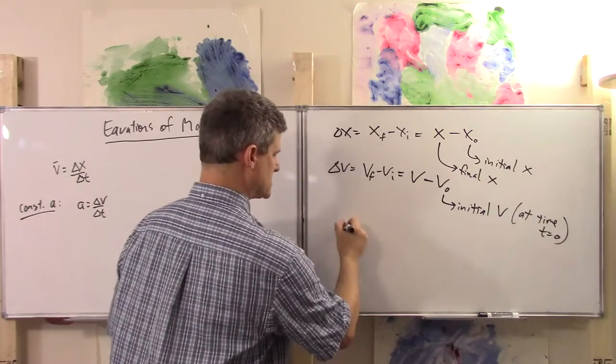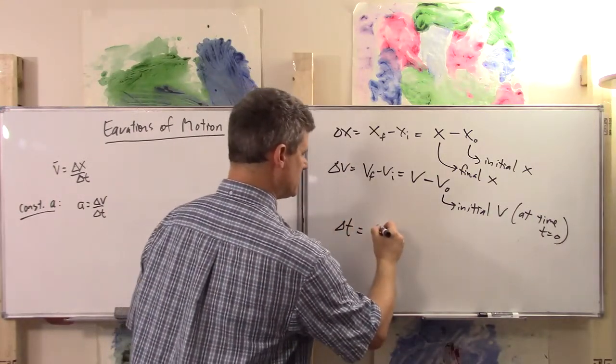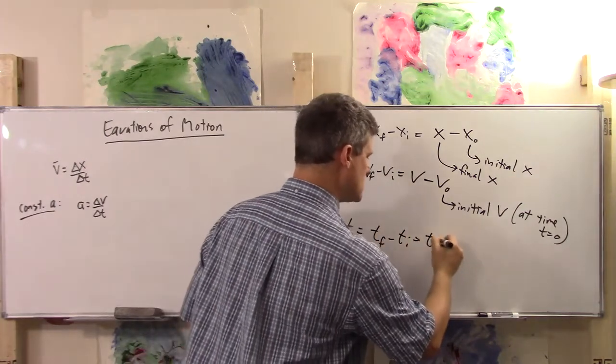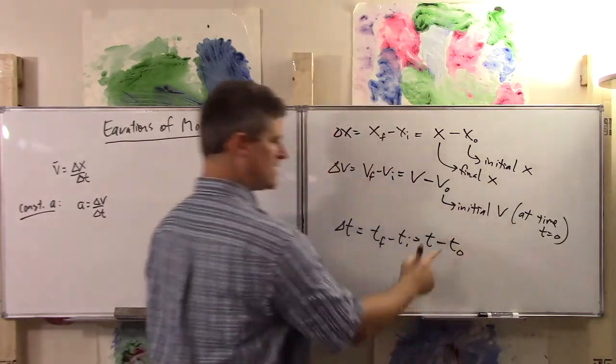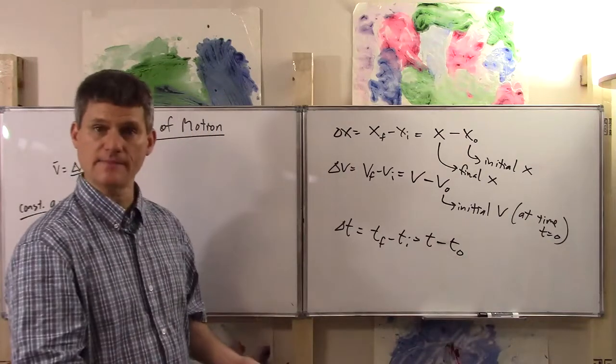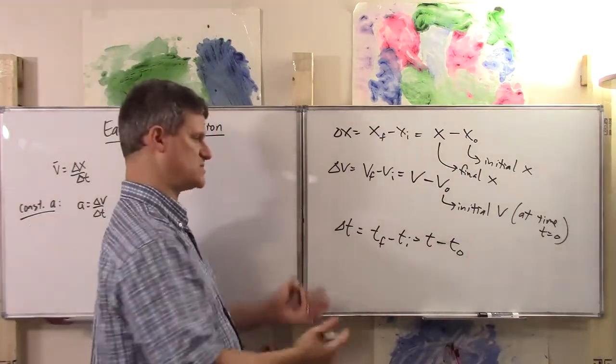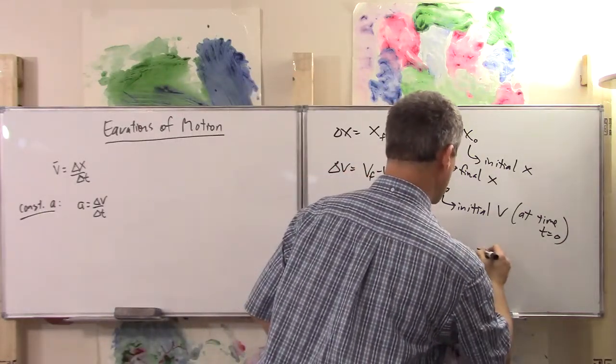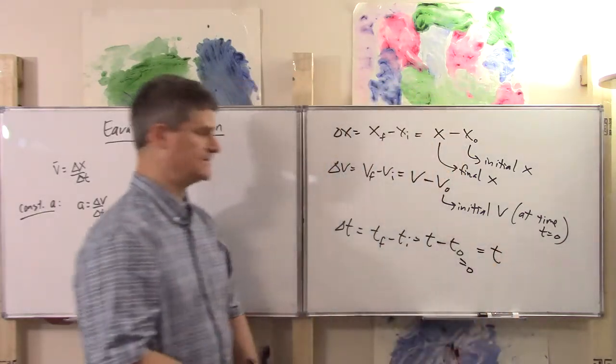And then finally we have delta t is t final minus t initial, which is t minus t0. Now t0, that's your initial time. Your initial time is generally 0, unless you have some special problem where you don't want it to be. Just assume that this is 0. So in other words, delta t is really just t.